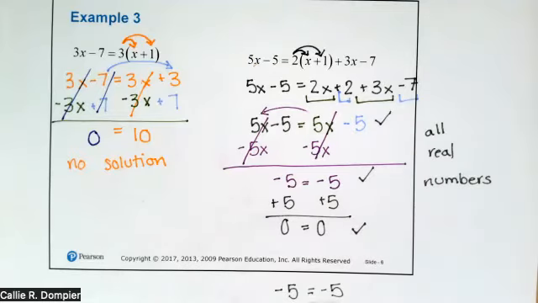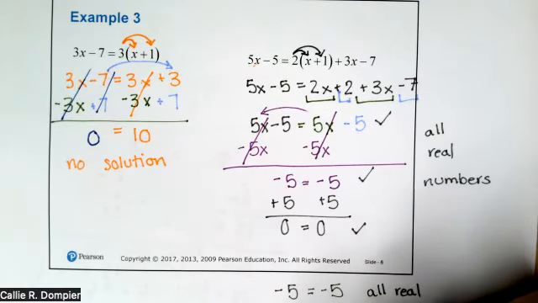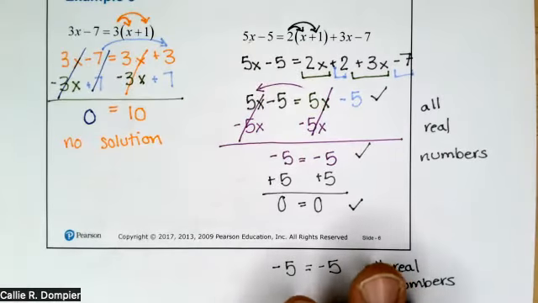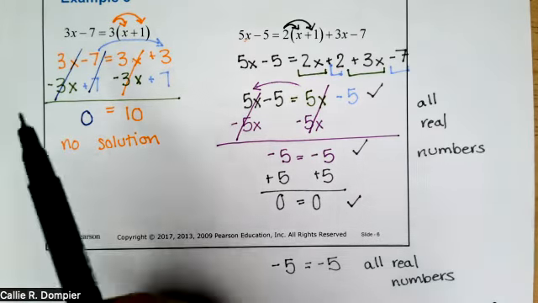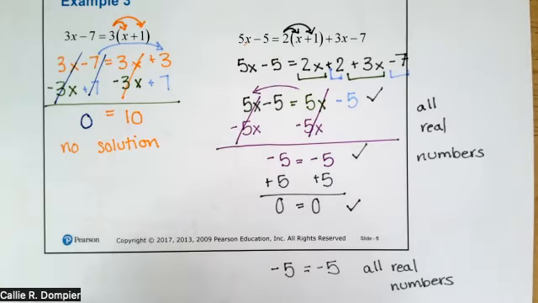There's nothing wrong with stopping right there. This is also all real numbers. It's just anytime you have no x's, no variable. If it's a true statement, you can say that x could be anything. If it's not a true statement, x can't be anything. There is no value for x.